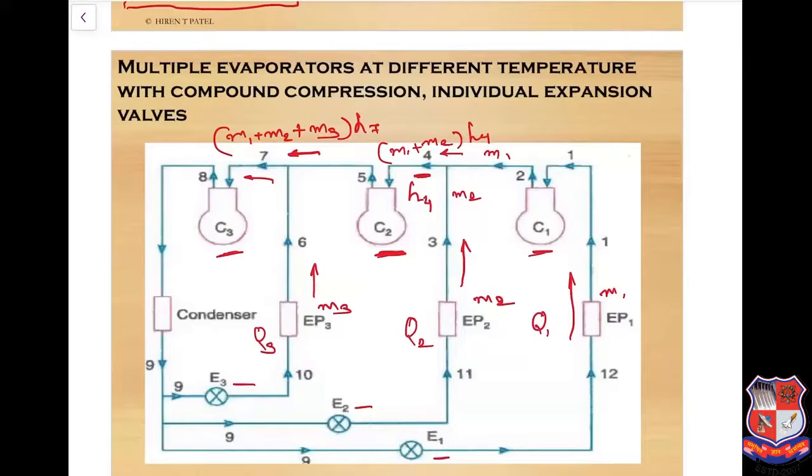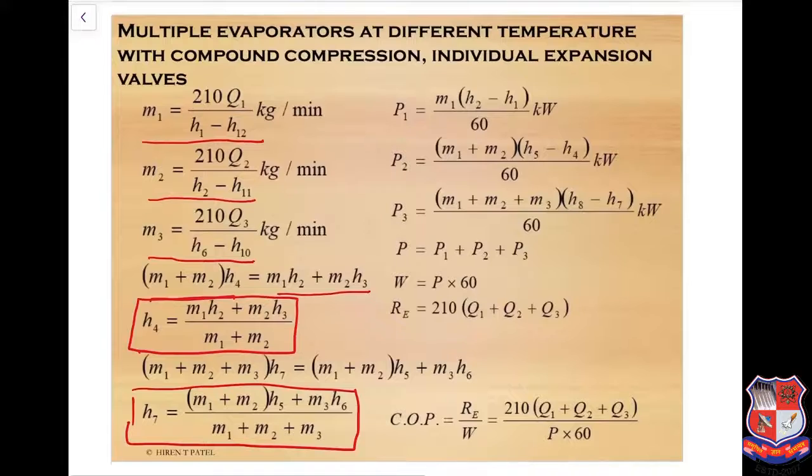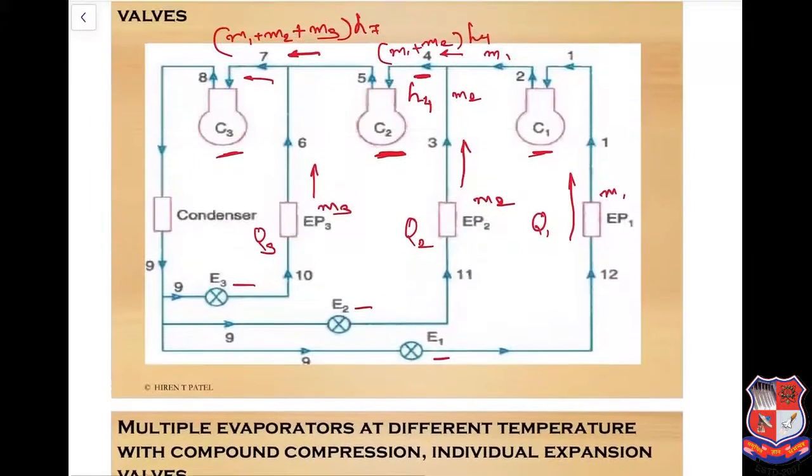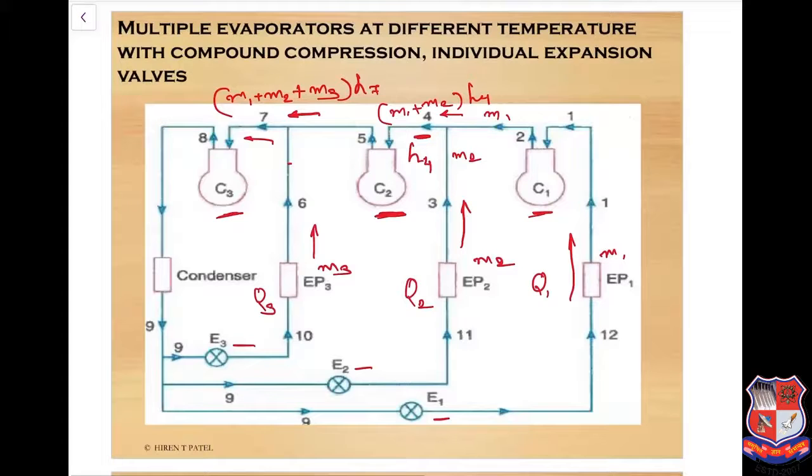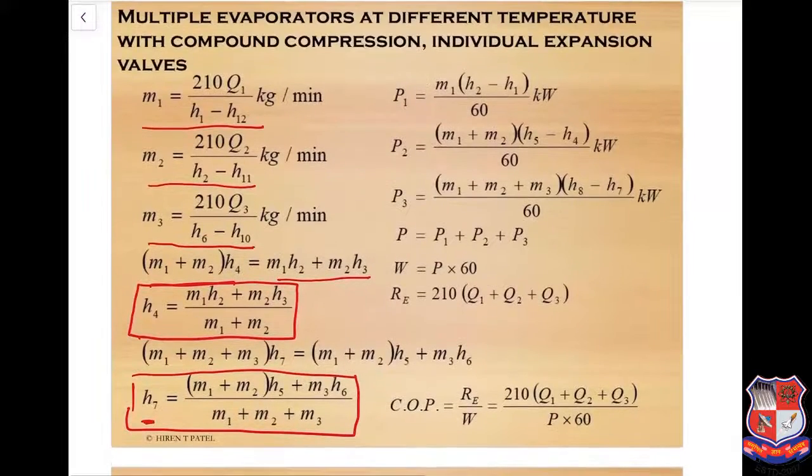By applying the heat balance, we can find H7: M1 plus M2 into H5 plus M3 H6, that is supplied from here, because M1 plus M2 is already there, into H5 plus M3 into H6, and that is equal to M1 plus M2 plus M3 H7. So we can find the H7 enthalpy from this equation. Other enthalpies can be calculated from the pH chart.